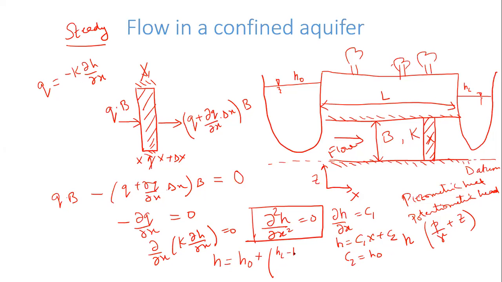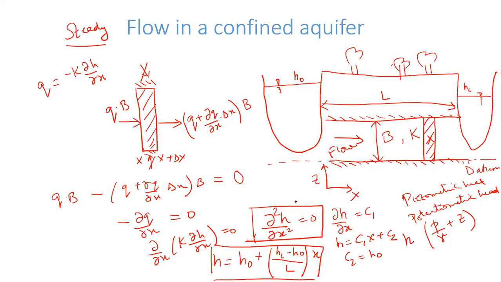(HL minus H naught) divided by L, into x. This will be my final expression. Right? You can do a quick check. Put x equal to 0 here. What do you get? H equal to H naught. No problem. Put x equal to L. What do you get? H naught plus HL minus H naught, HL. Right?